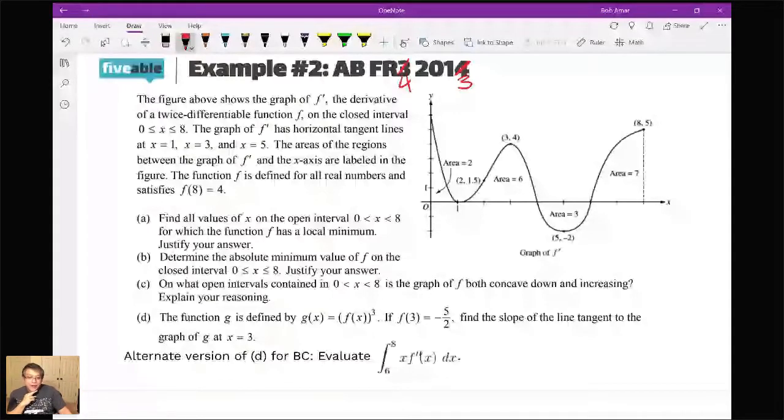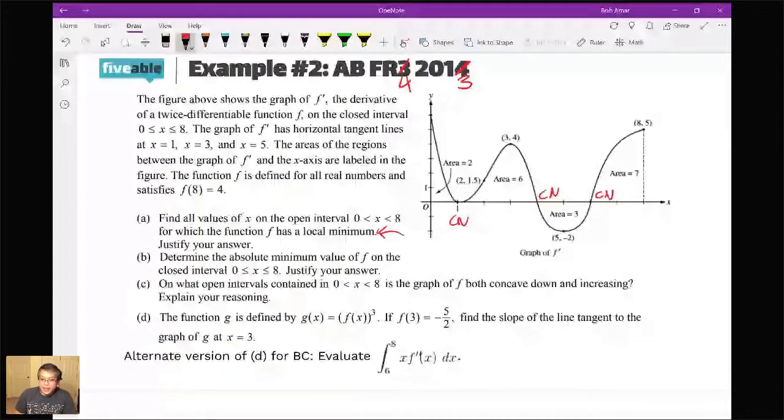Okay. Find all values of x on the open interval from 0 to 8 for which the function f has a local minimum. For a local minimum, the derivative goes from negative to positive. So that means that our critical numbers are here, here, and here. There are no sharp corners. There are no discontinuities in the derivative.